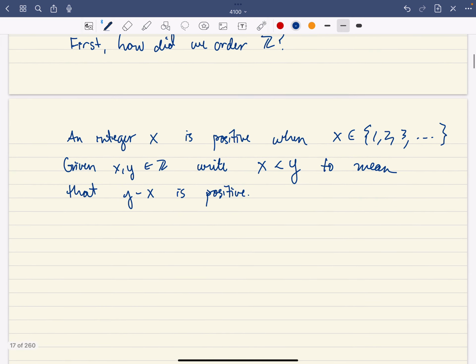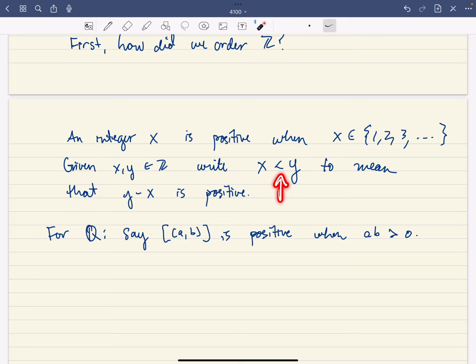Now we can do a similar thing for the rational numbers. For the rationals, we're going to say that the rational number (A, B) is positive when A times B is a positive integer. Now that I've defined this relation for integers, I can use that. So the rational number (A, B) is positive whenever the product of the terms is positive.